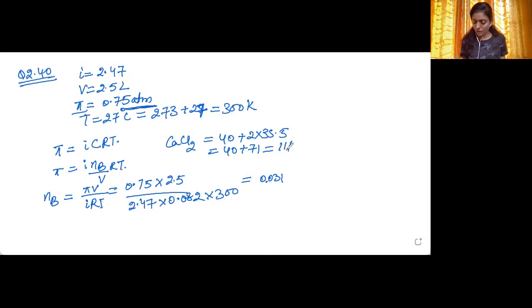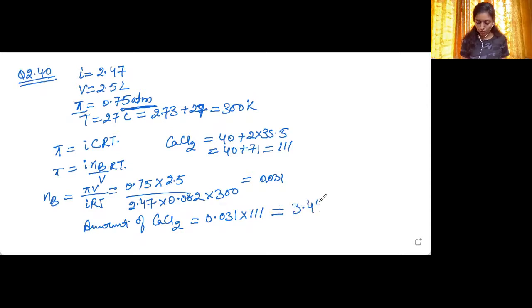So the amount of CaCl2 will be equal to 0.031 multiplied by 111. So it is coming out to be equal to 3.441 grams. So this is the amount of calcium chloride that we need to put in this solution so that its osmotic pressure is this much.